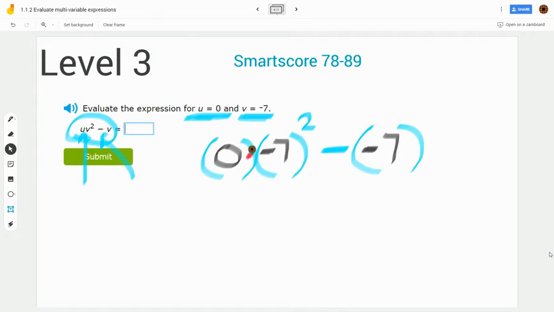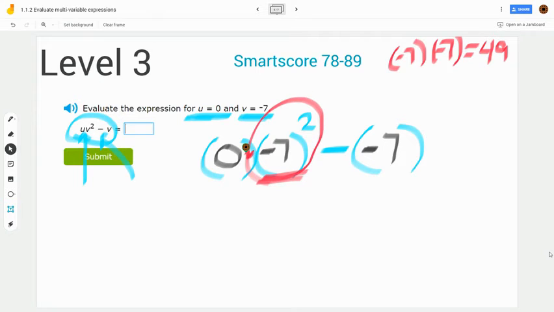Technically, you would do the exponent first, negative 7 times negative 7, which would be positive 49. Just so you know, technically you would do that before you multiply, but it really doesn't matter what this would equal, because whenever you multiply by 0, that's going to be 0. So I would just go straight to 0 on that side.